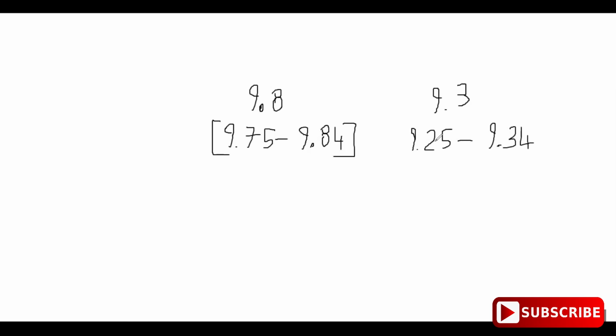So 9.84 minus 9.25, that is what? 9.25, sir? Yeah. So to get upper, 0.59.